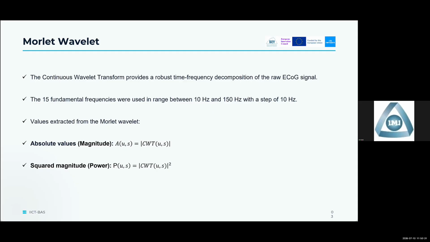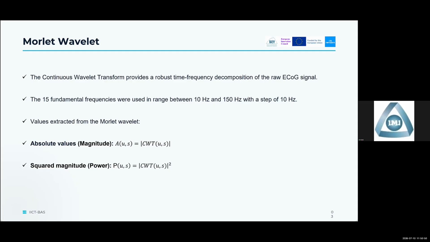One effective way to interpret ECoG signals for motor control decoding using the continuous wavelet transform is by employing Morlet wavelets with fundamental frequencies regularly spaced between 10 Hz and 150 Hz.